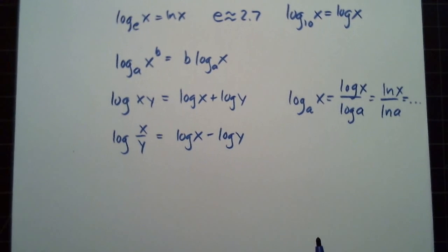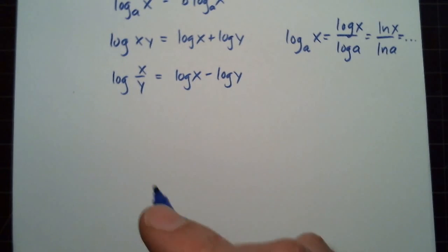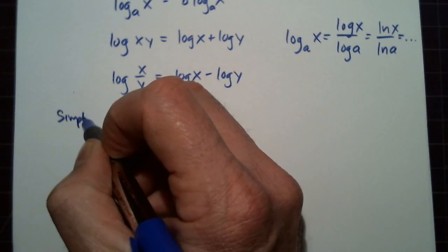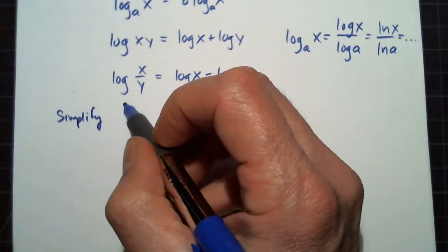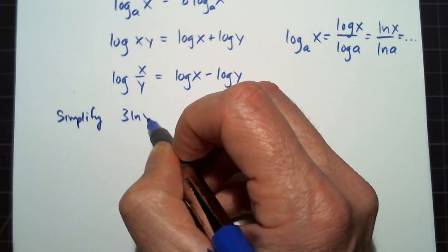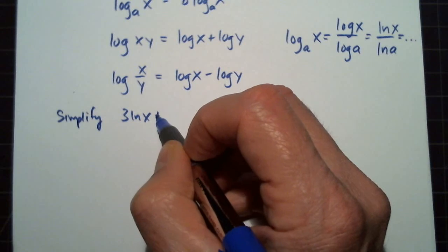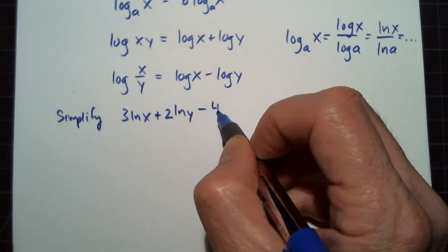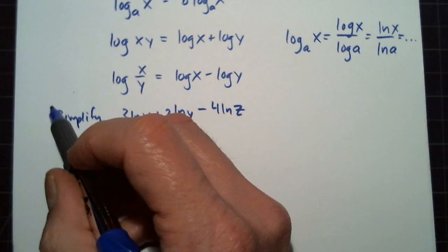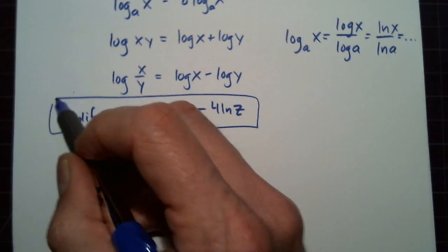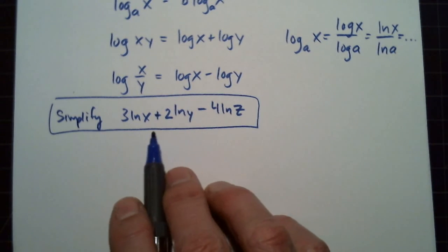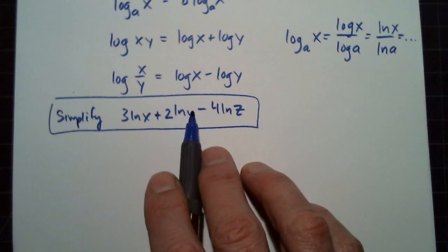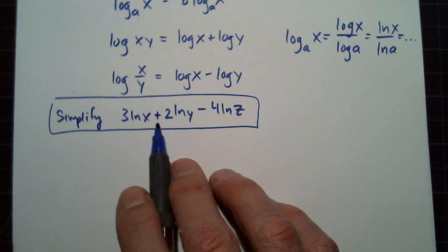And let's just review simplifying expressions. So if we're going to condense that, we don't want the coefficient there. We need to move it up as an exponent, and then we can deal with the plus and the minus.